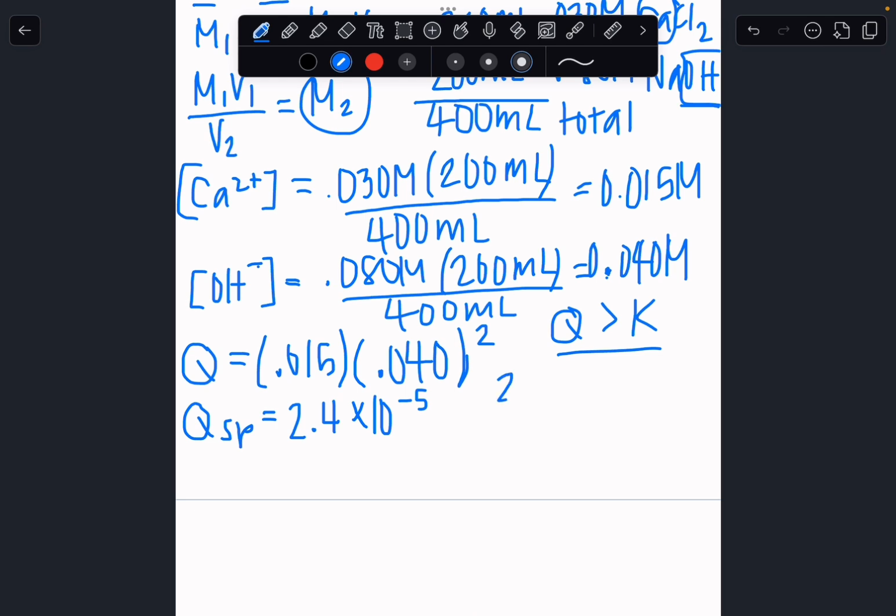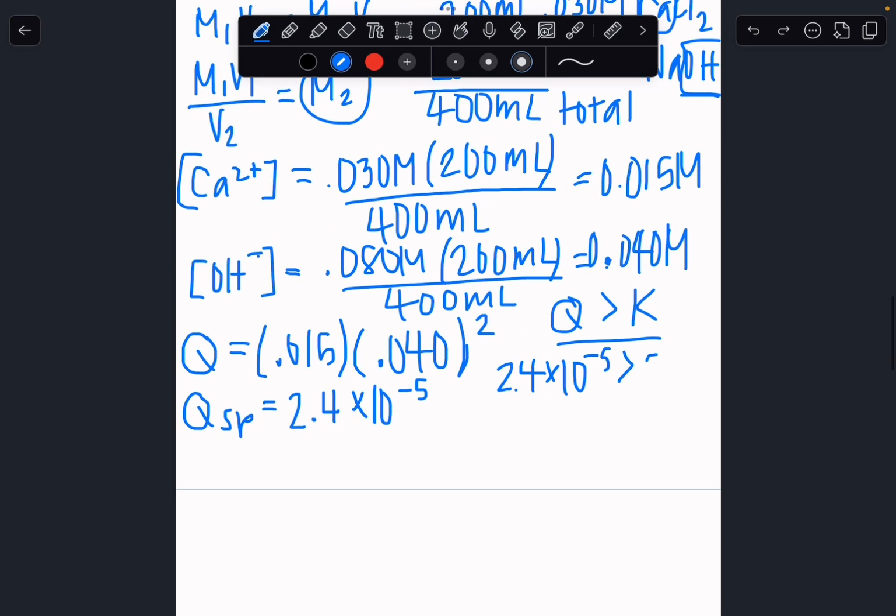So right now we're going to see if 2.4 times 10 to the negative 5 is more than 5.0 times 10 to the negative 6. And as you can see, this clearly indicates that it is more.